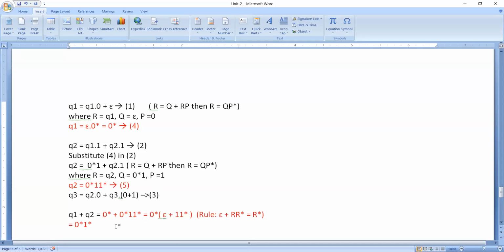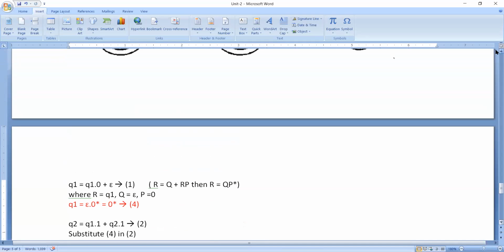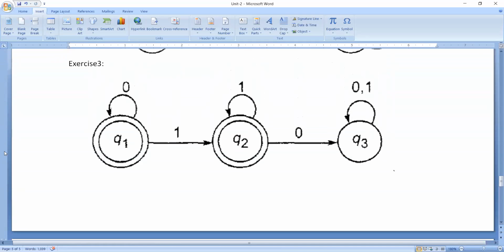Now please observe that this is the DFA which is going to accept zeros and ones. Check whether a sequence of zeros is accepted or not. Yes, only zeros are accepted.